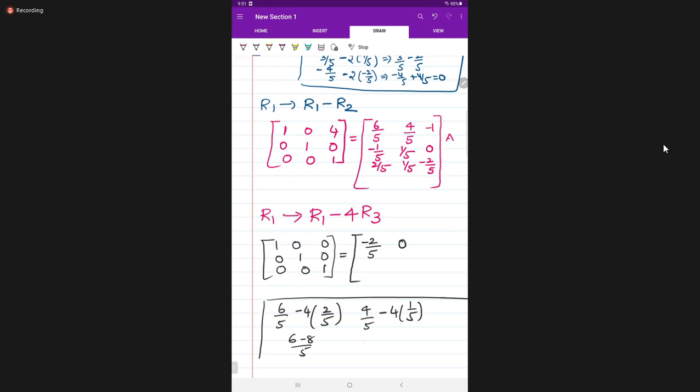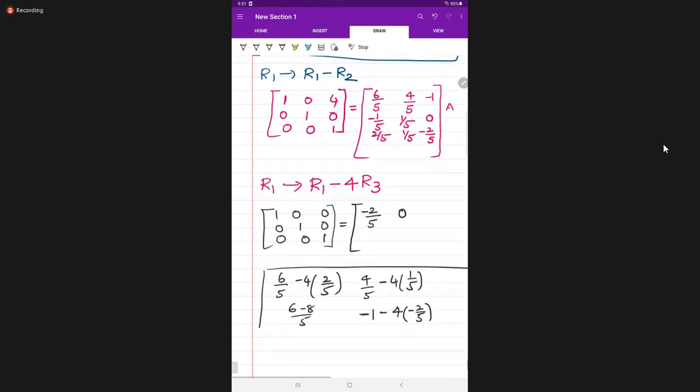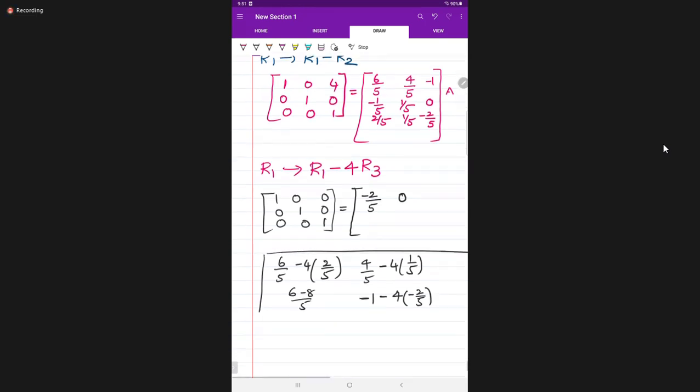Next, R1 is minus 1 minus 4 into minus 5 by 5, minus 1 plus 8 by 5, which is 3 by 5. So finally got it.